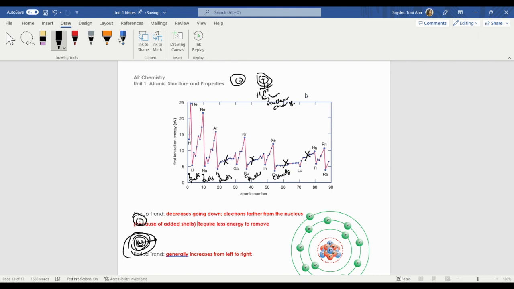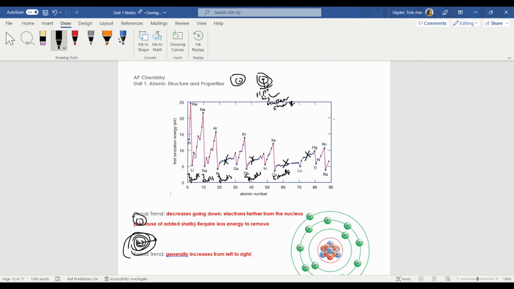The magnitude of the charge is getting higher. If I'm adding protons, that nucleus is becoming stronger, which can shrink the electron cloud because the number of energy shells is not changing.